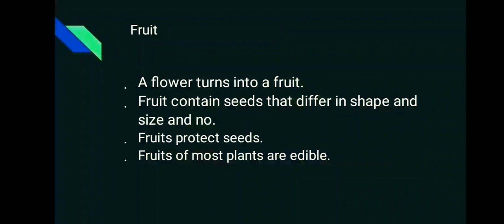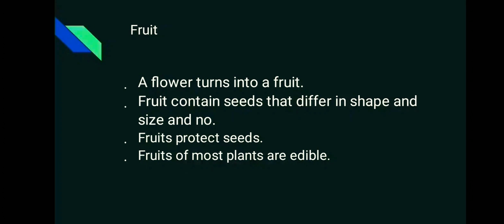What are the functions of fruit? Children, a fruit's main function is to protect the seeds which are present inside the fruit. So, fruit protects seed. Also, most of the fruits are edible.